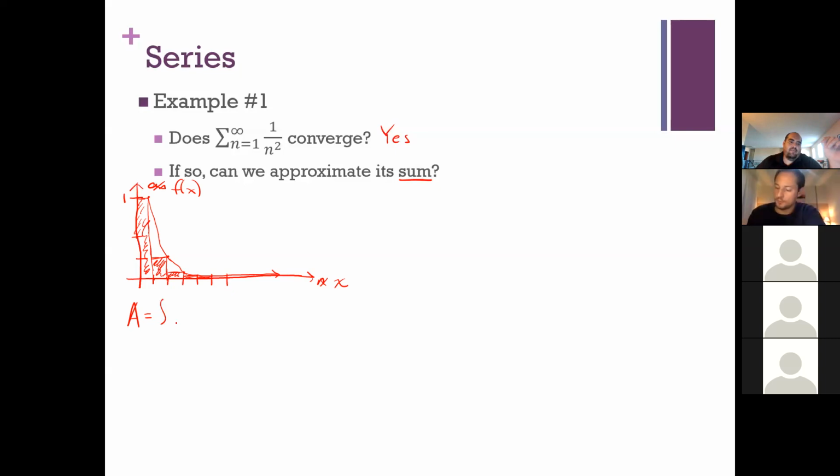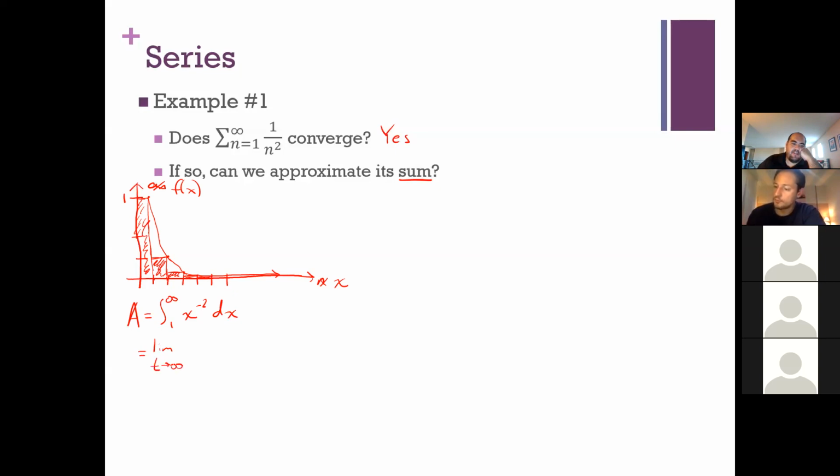So I'm going to integrate from 1 to infinity this function, x to the -2 dx. That's an improper integral, so I really need to set that up as a limit.